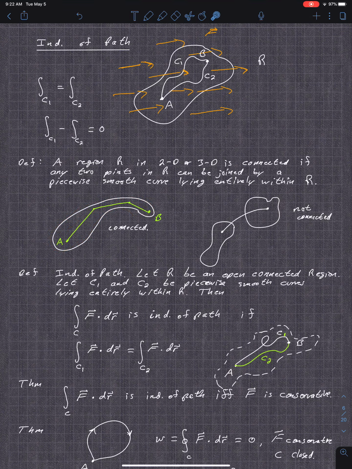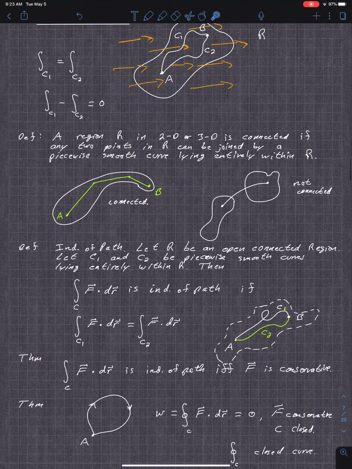Okay, these are obviously not connected because there exist 2 points that you can't get from here to the other region without going outside, which is everything outside the boundaries of the region. So it has to be connected, and that's part of the hypothesis.